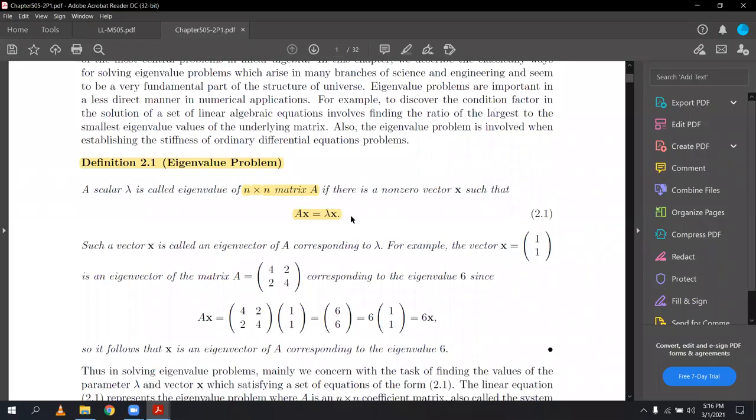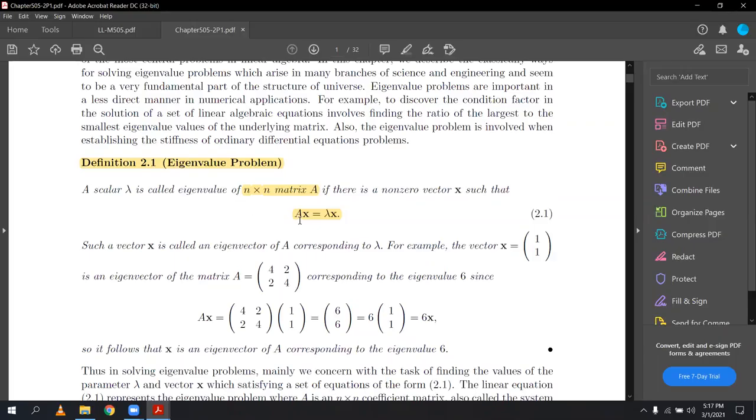And if we have this type of equation, it is a linear system in x again. And that linear system we call the eigenvalue problem.